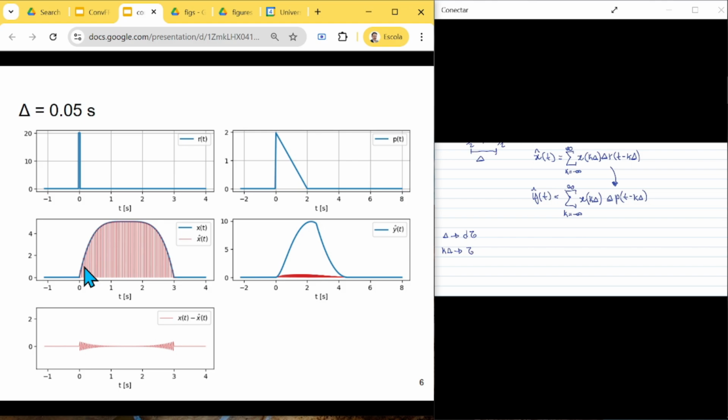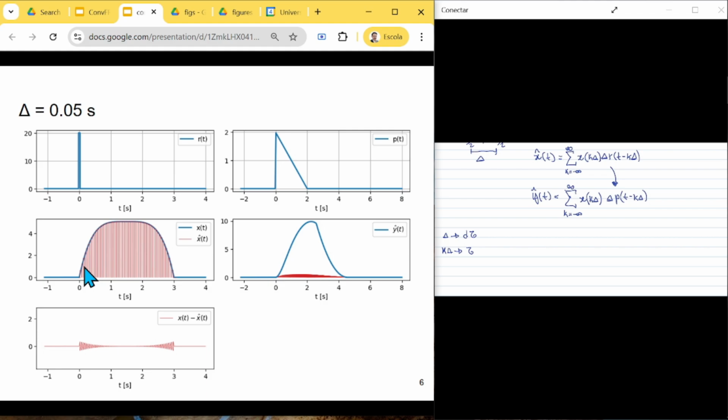This was an independent variable for time. Now it is a continuous variable for time. This was an infinitesimal step, and it becomes really infinitesimal.